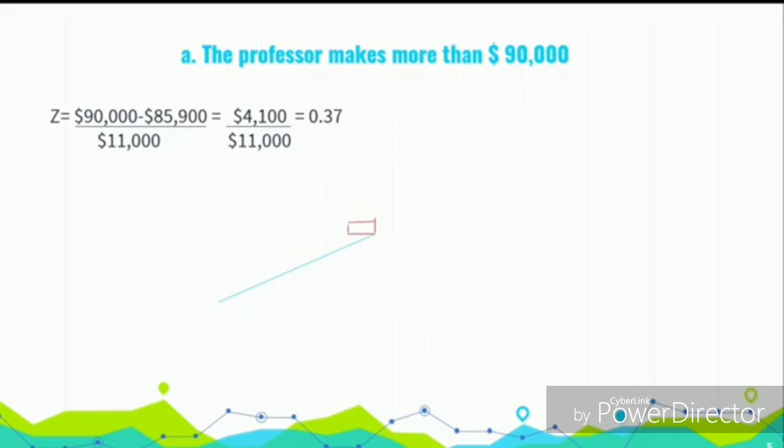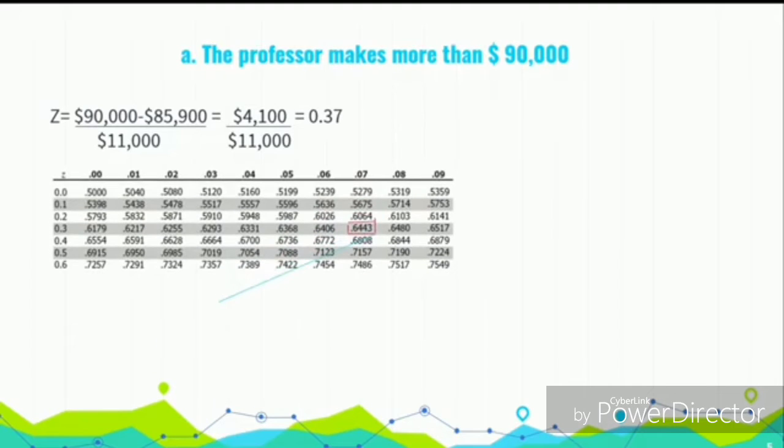By looking at the z-table, the corresponding area of 0.37 is 0.6443. And by multiplying it by 100, we get 64.43%. So there are 64.43% of professors who make more than $90,000.